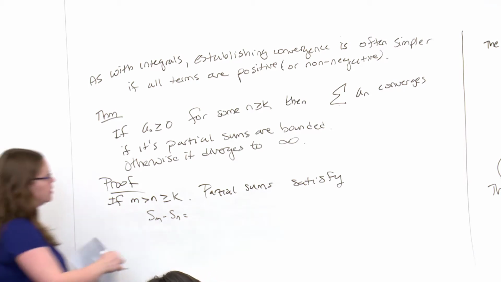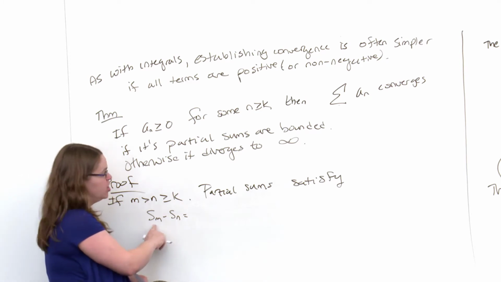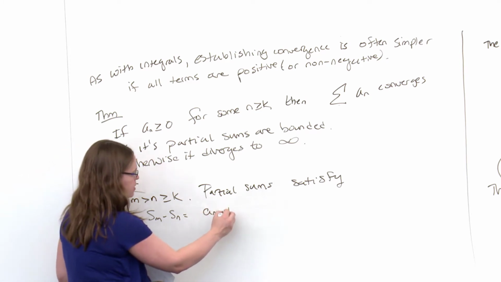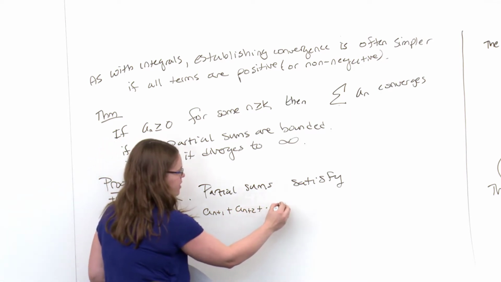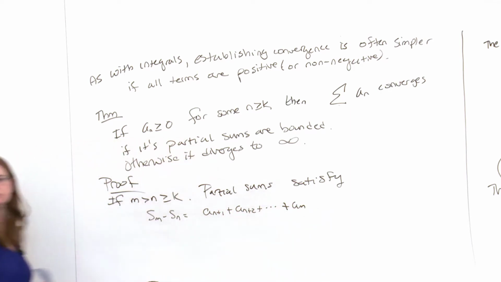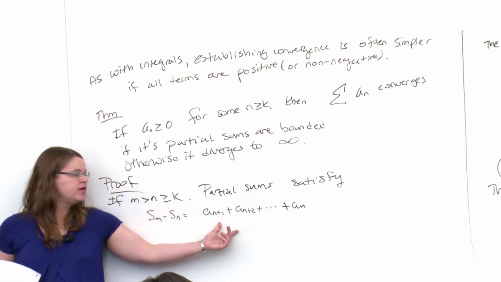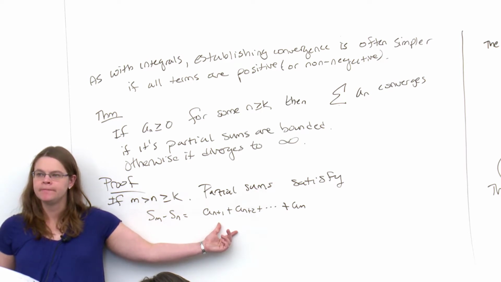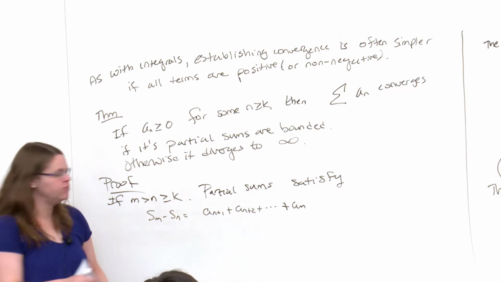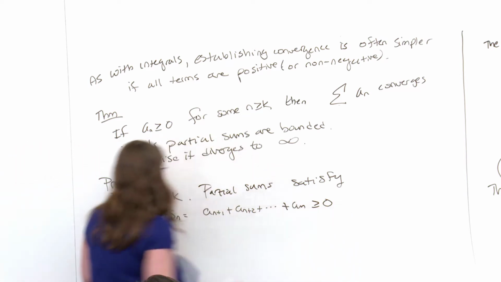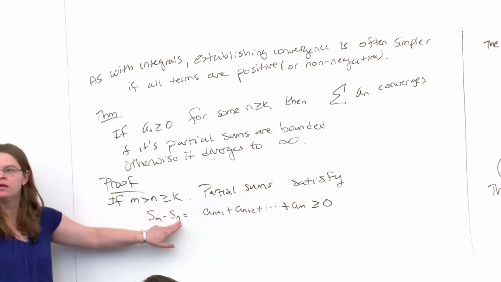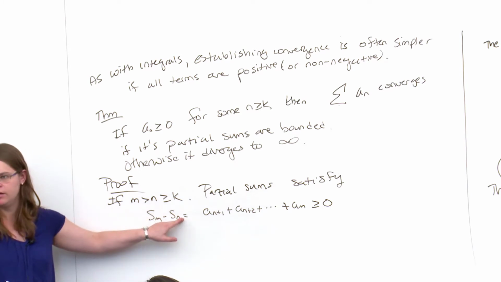So when we subtract them, all that's left is the bigger terms that lived in here but didn't live in here: a_{n+1}, a_{n+2}, all the way down to a_m. And what can I say about this? It's non-negative. This is always greater than or equal to 0. In other words, if m is bigger than n, then S_m is going to be bigger than S_n, right?